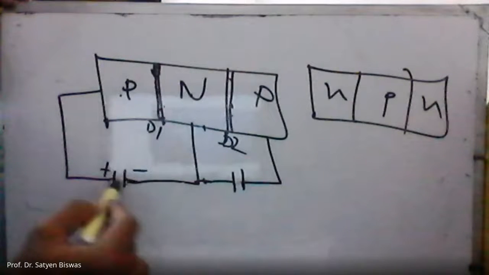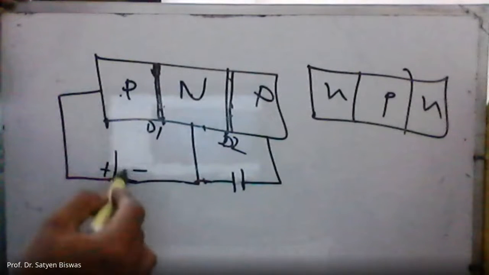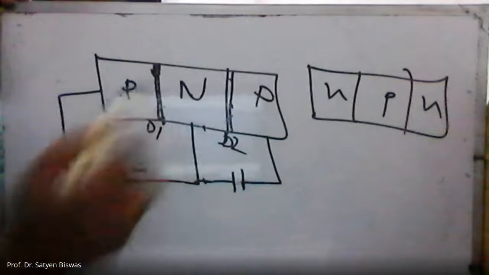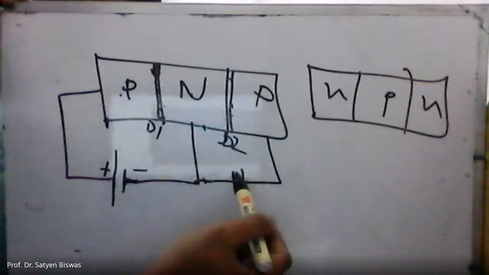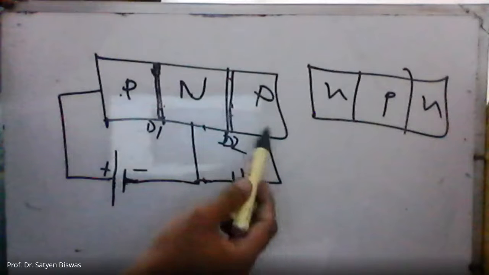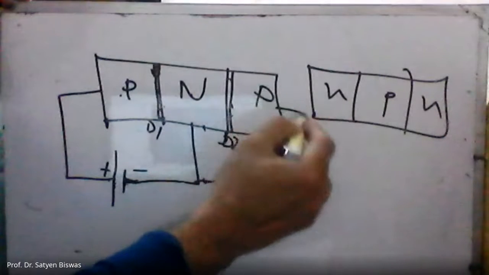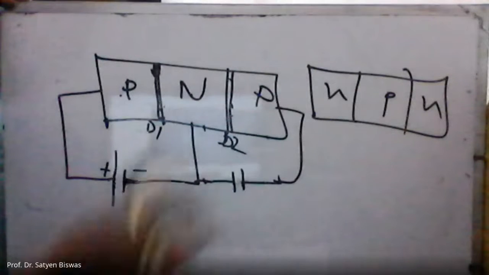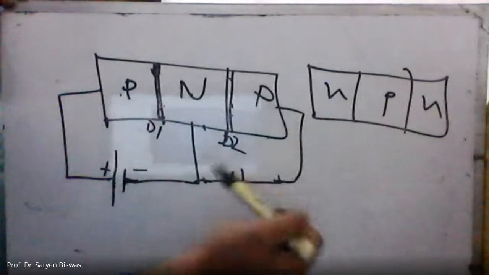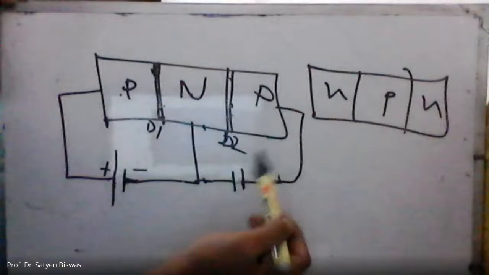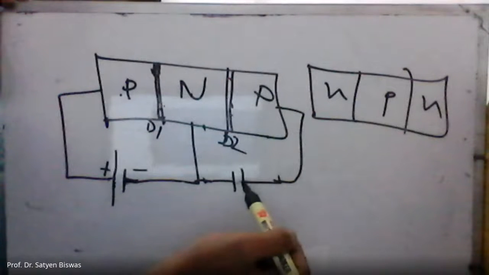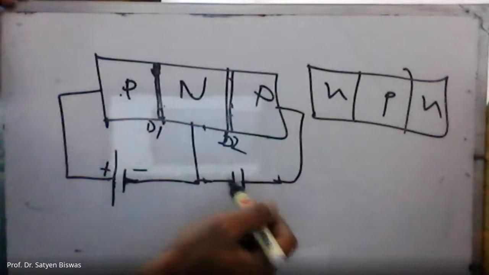So now this one is forward bias, and the other one must be reverse bias. We can connect it in here, so it looks better. In order to make it reverse bias, the P side will be connected to negative, and the N side will be connected to positive.